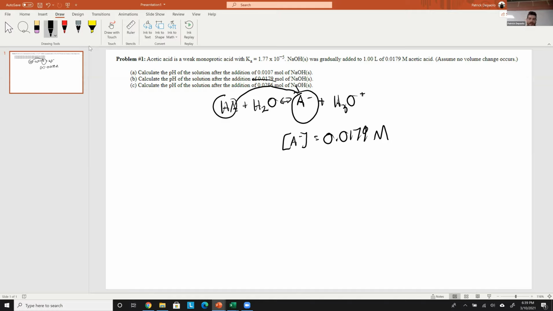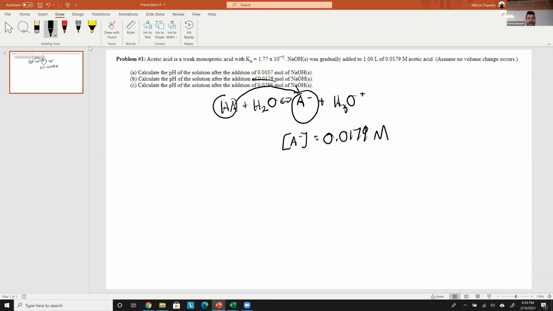Okay. Now that we have this as the conjugate base, remember what I said about the equivalence point, because now we reach the equivalence point, meaning all of the strong base has neutralized the weak acid and turned it into its conjugate base. We need the Kb.